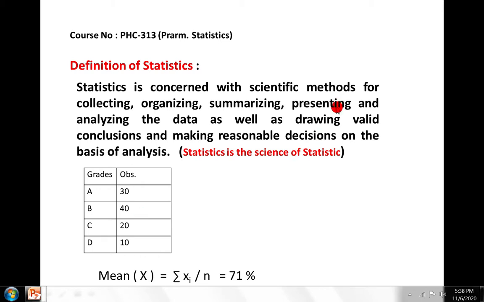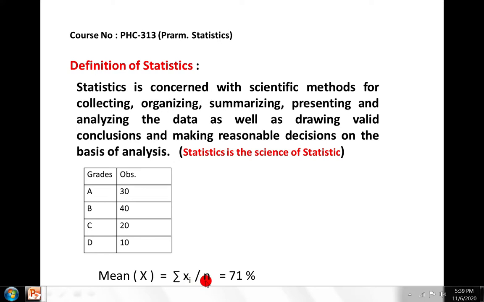And the next most important step, after collection, organizing, summarizing and presenting the data, is analyzing the data. How do we analyze the data? For analysis of the data, we use different statistical methods or formulas, because statistics is concerned with scientific methods. For example, you know the formula of the mean, which you have used many times in your life. The mean is the sum of all values divided by the number of observations.